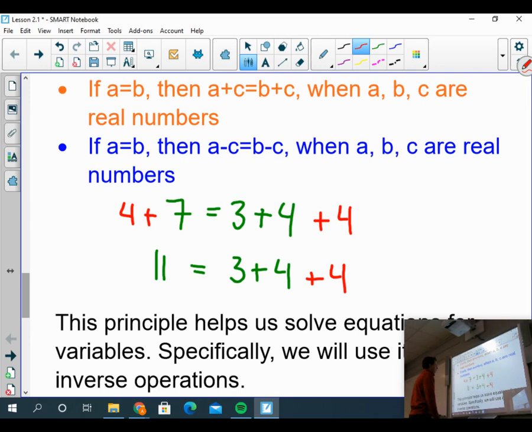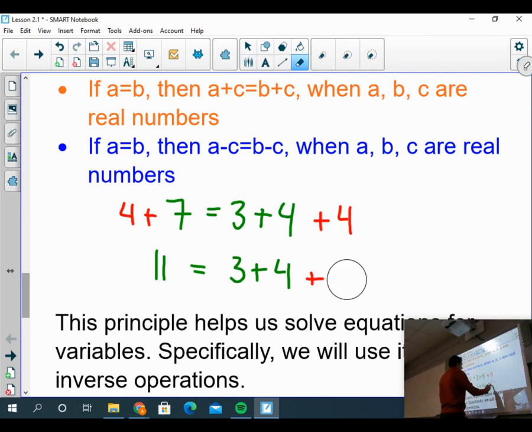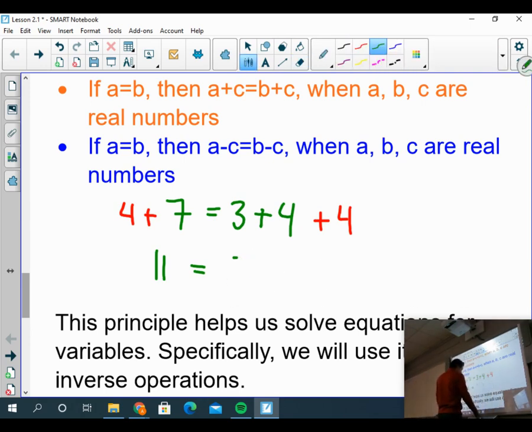So again, I'd add 4 to the right side, and what that would end up giving me is 11. Okay? So the idea is if I have two things that are equal, you can see them here in green, 7 equals 3 plus 4. If I add something to one side, the equation is still true if I add the same thing to the other side.